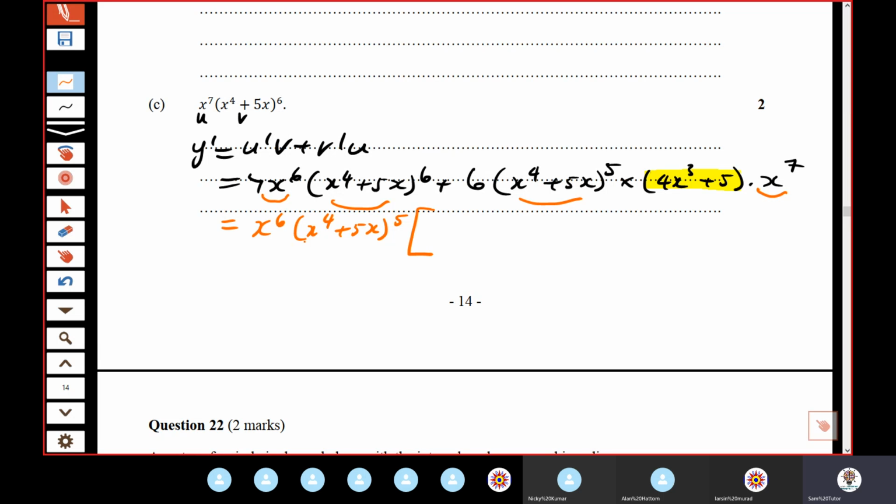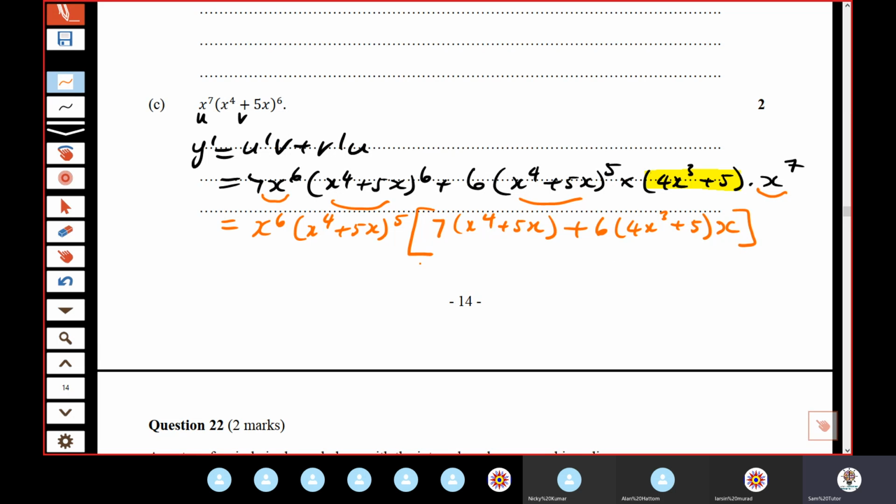What are you missing from this first 2 and this? 7, multiplied by one more of these brackets, plus this side here, you're missing the 6. You've already got this one to the power of 5. You're missing this thing in yellow. And x to the 7, but that says x to the 6. So I'm missing another x.